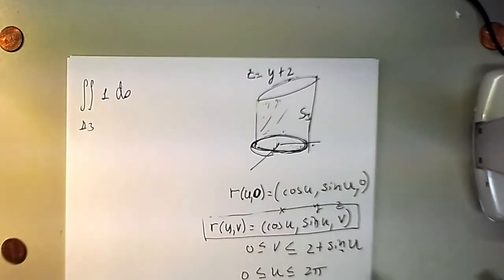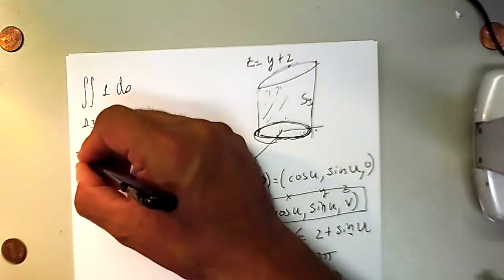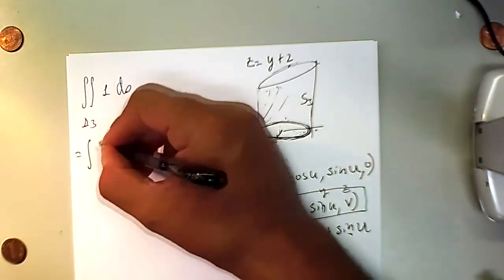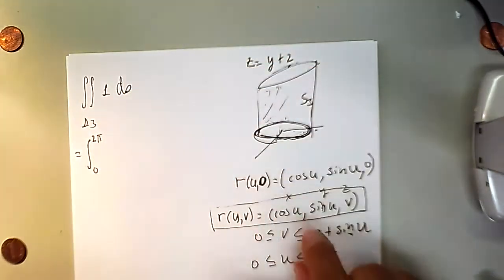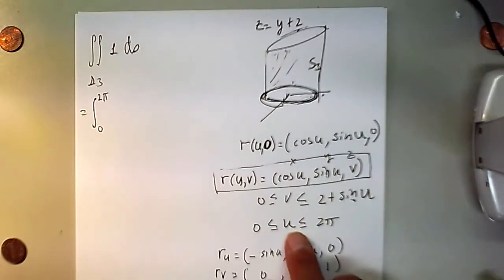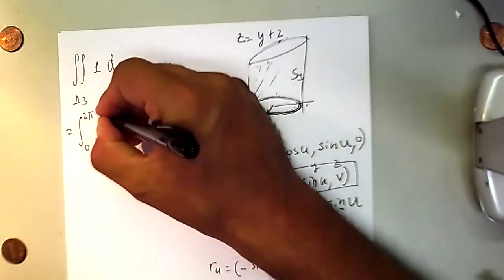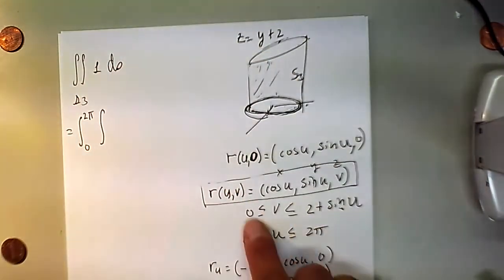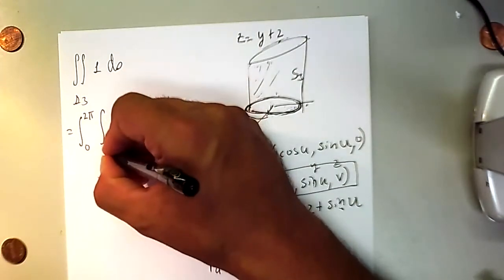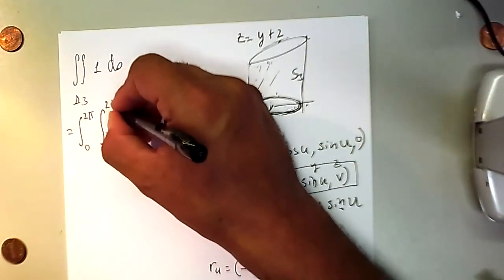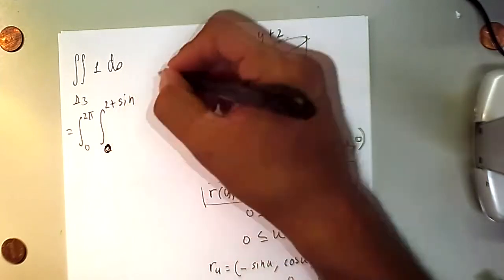Okay, so we're going to integrate from 0 to 2 pi on the u's, and on the v's from 0 to 2 plus sine of u.